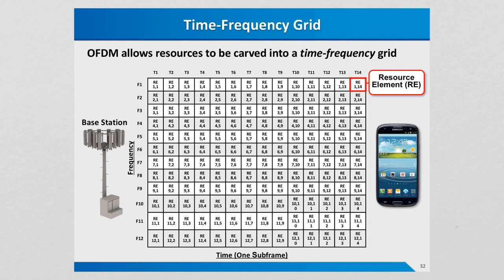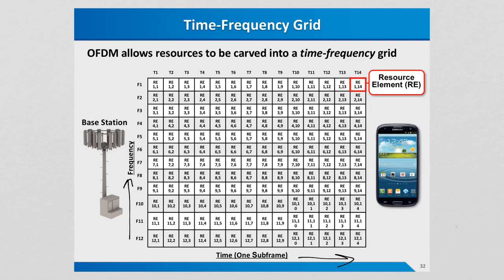In LTE, you have this time-frequency grid, where frequency is the vertical axis and time is the horizontal axis. You have frequency bins, which are 15 kilohertz wide, and then you have time, which is less than a millisecond, typically 1/12 or 1/14 of a millisecond.